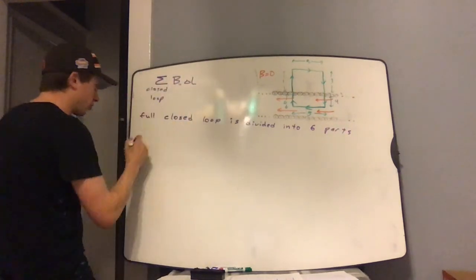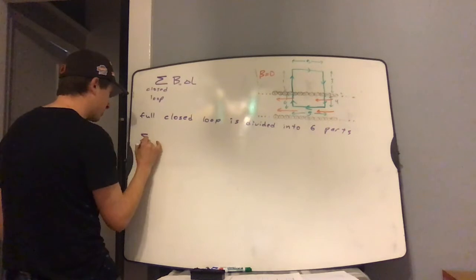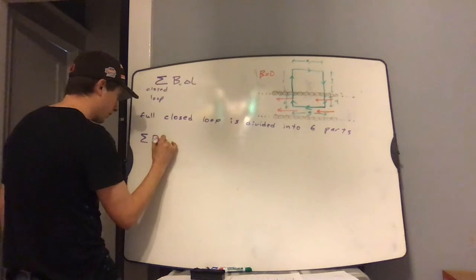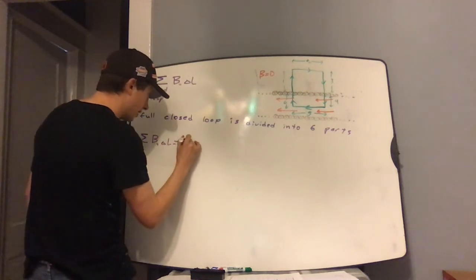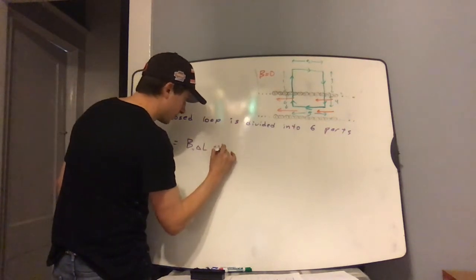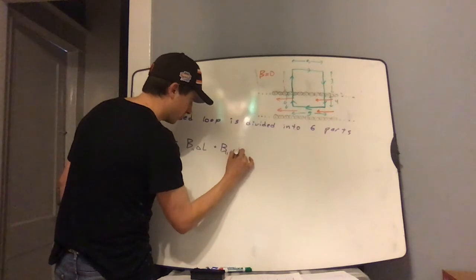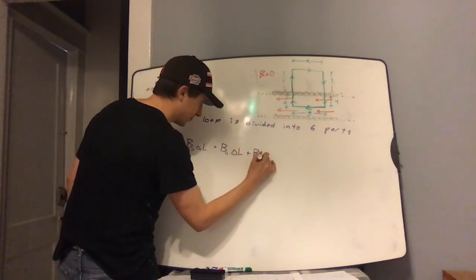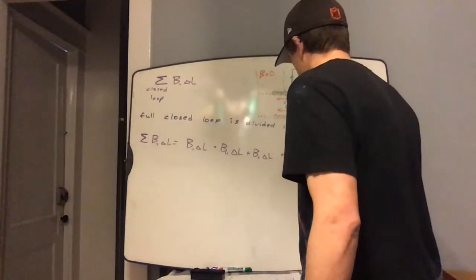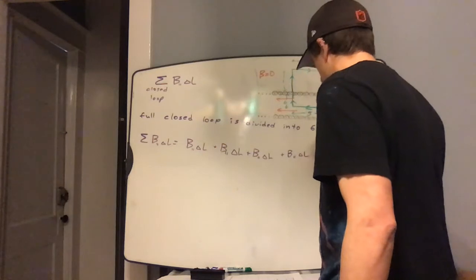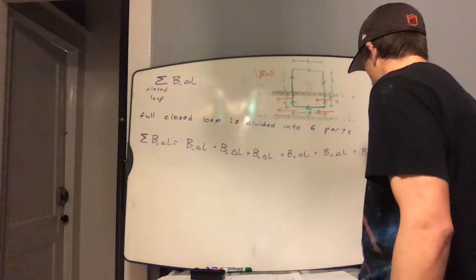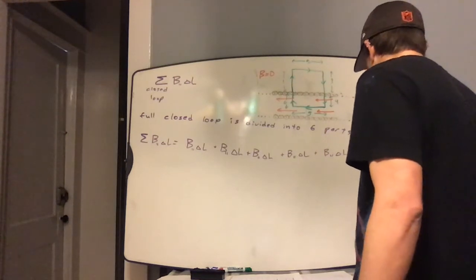I could say the entire closed loop, so the sum of B parallel delta L, is equal to B parallel delta L for part 1, plus B parallel delta L for part 2, plus B parallel delta L for part 3, plus B parallel delta L for part 4, plus B parallel delta L for part 5, plus B parallel delta L for part 6.